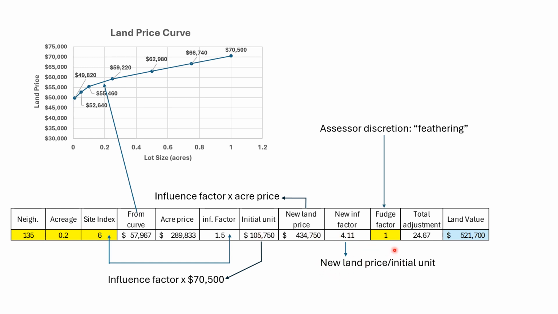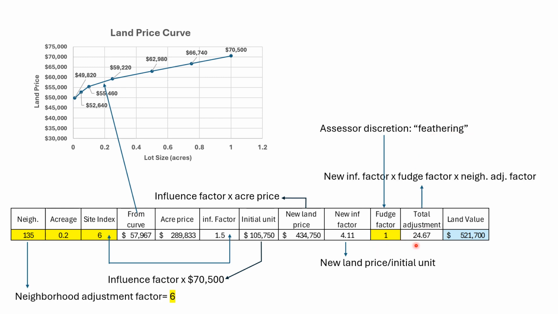There's this fudge factor, which I mentioned is the feathering. I leave it at 1 for this example. Then we come up with something called the total adjustment. This is calculated by taking the new influence factor times the fudge factor times the neighborhood adjustment factor. And as I mentioned before, for neighborhood 135, this is a 6.